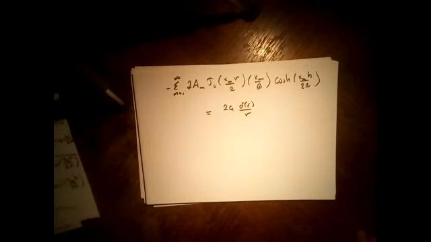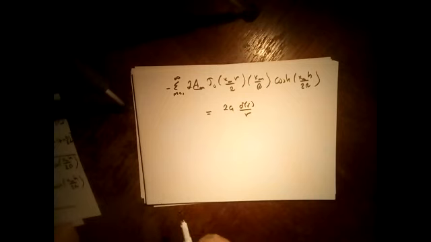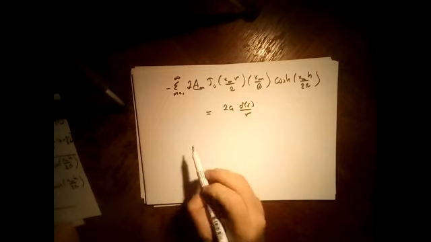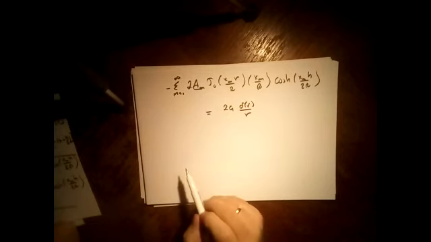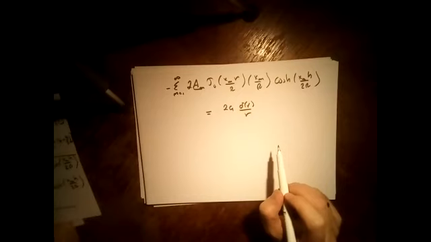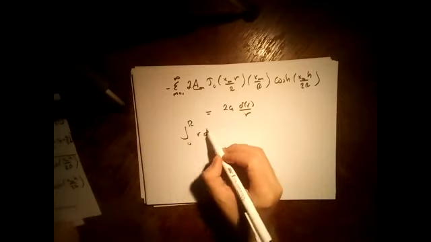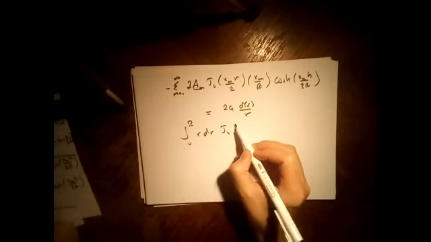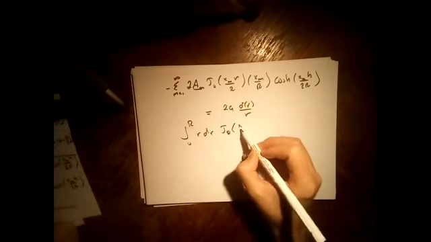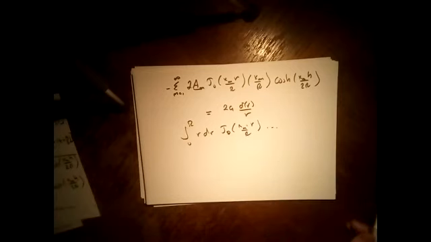Now our final task is to determine these coefficients. Those coefficients can be determined by taking a Bessel function with some arbitrary index, let's call it m prime. So I'm going to say the integral from 0 to R of r dr J0(x_m' r/R) and so on.